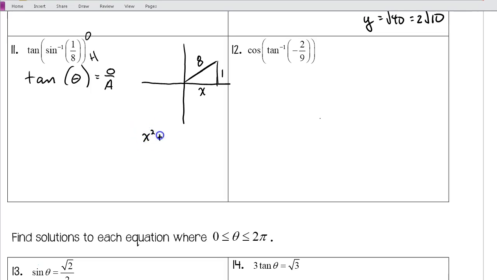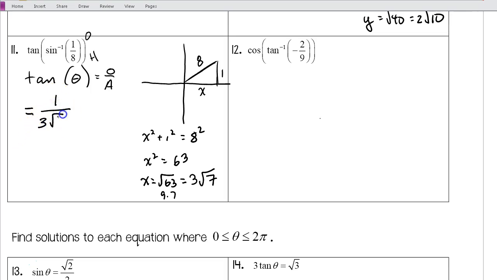So I have x squared plus 1 squared is equal to 8 squared. So x squared is equal to 63. So x is the square root of 63. So that's 9 times 7. Square root of 9 is 3, root 7. So now my tangent is opposite over adjacent.